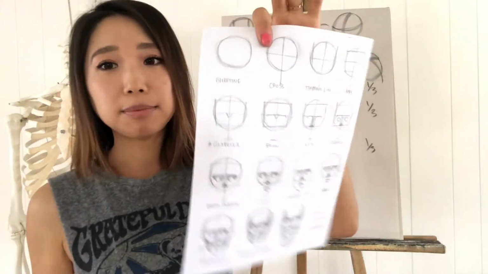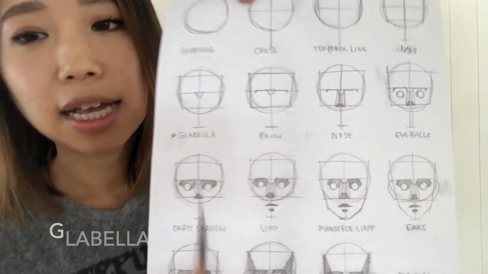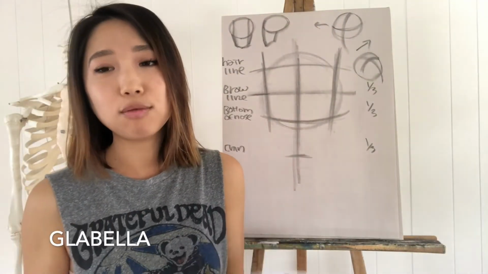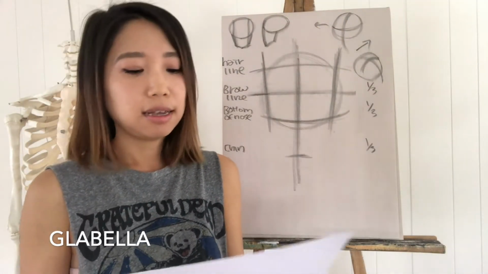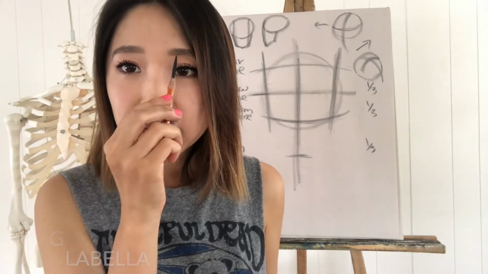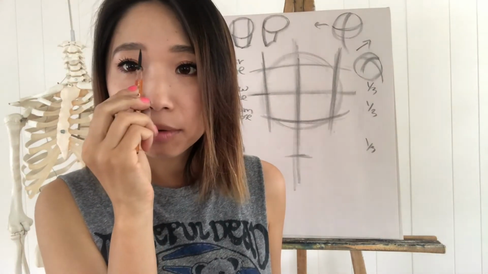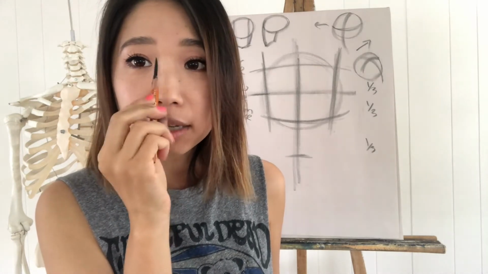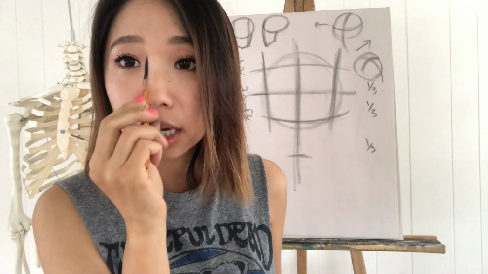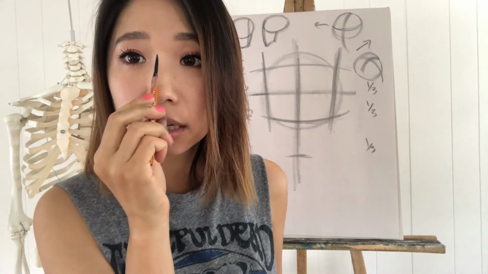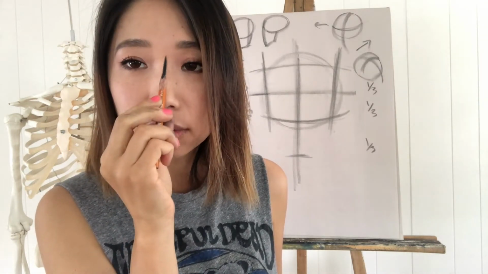Okay, so the next part is called the glabella, and this is almost like the center of the face. The glabella is specifically the triangle shape in between the eyebrows and also this nasal bone area in between the tear ducts. So here, here, here, this is called the glabella.